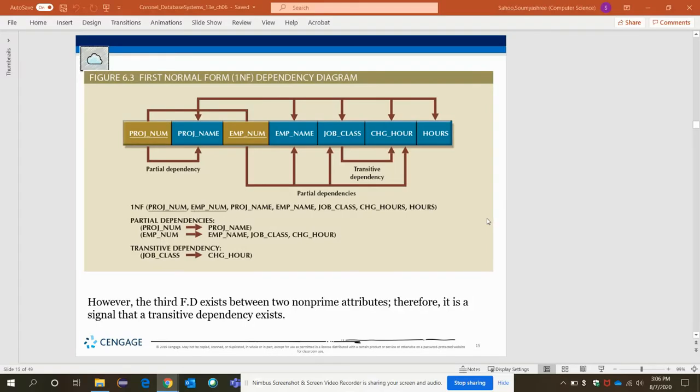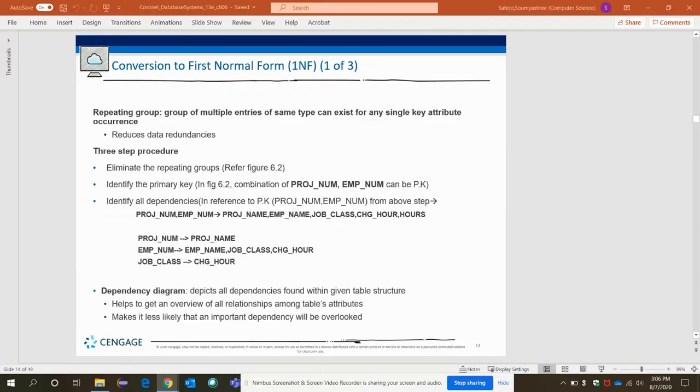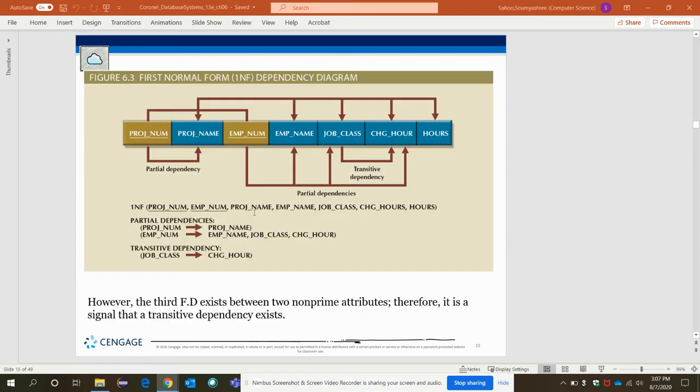Let's see, once you have all the functional dependencies, the next thing is that, sorry about the sound, you need to make a dependency diagram. So what is the dependency diagram? Just take all the functional dependencies and keep on joining all of those.